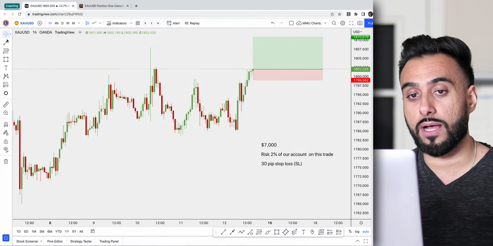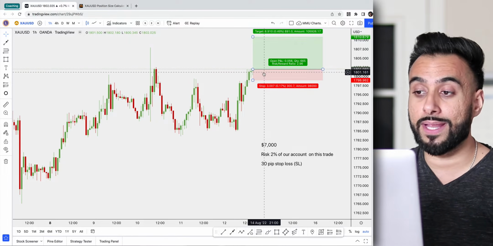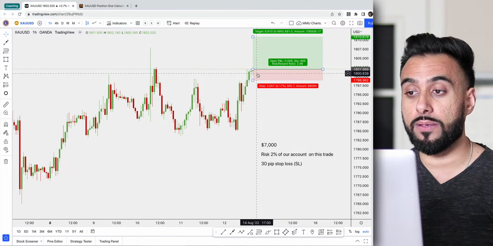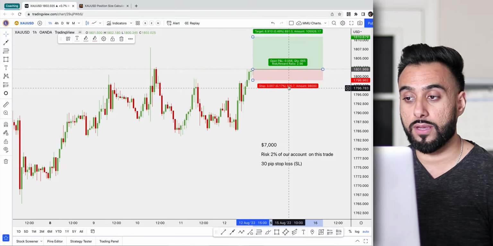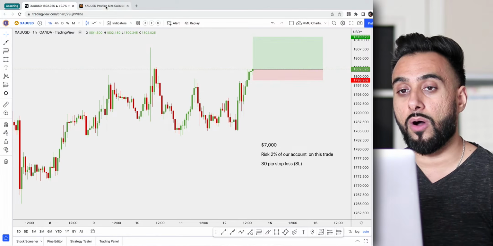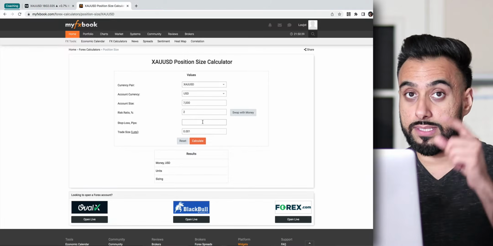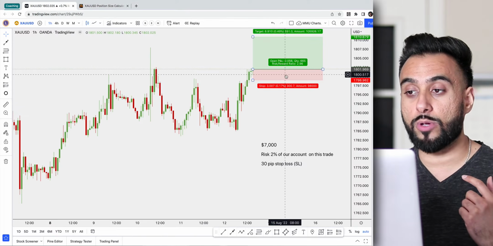Whenever you're calculating lot size, it is essentially a requirement to first determine how far you want your stop loss to be. In this case, we want the stop loss to be 30 pips, which is right over here. So what would we type on the position size calculator? We would type the same number that is shown on TradingView.